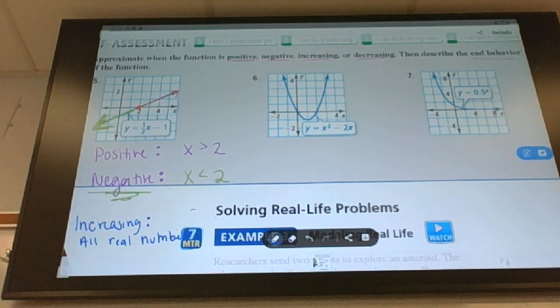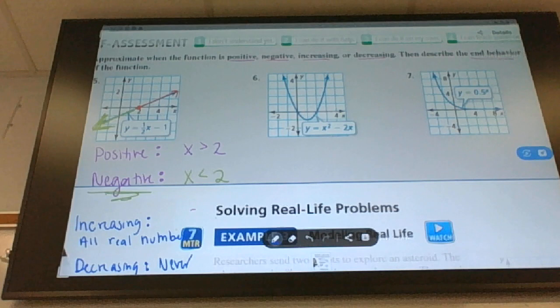It's just going uphill the whole way. It doesn't turn and go down. It's never decreasing. For decreasing, I'm gonna write never. Yeah, this one doesn't decrease. If it doesn't have a curve, it's usually one or the other. A curve or a point. The straight line, it's just going uphill. It never turns. This is the best.